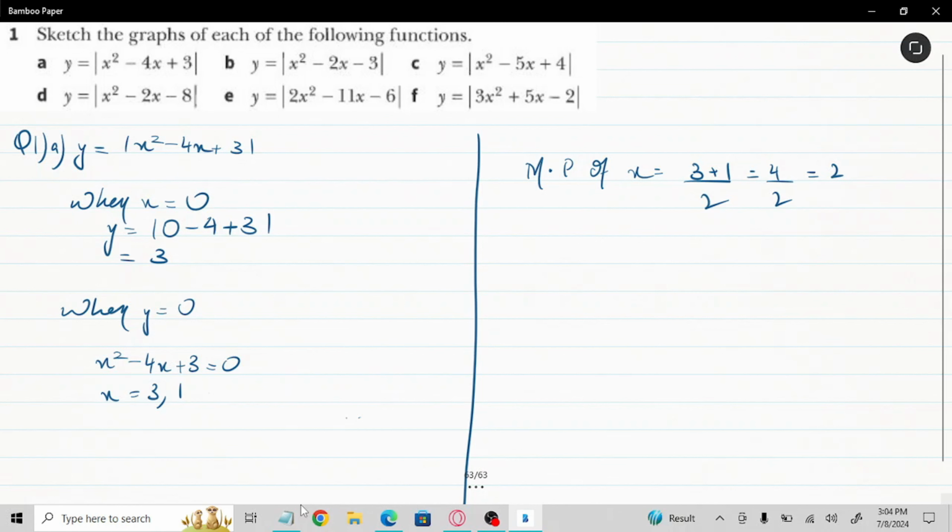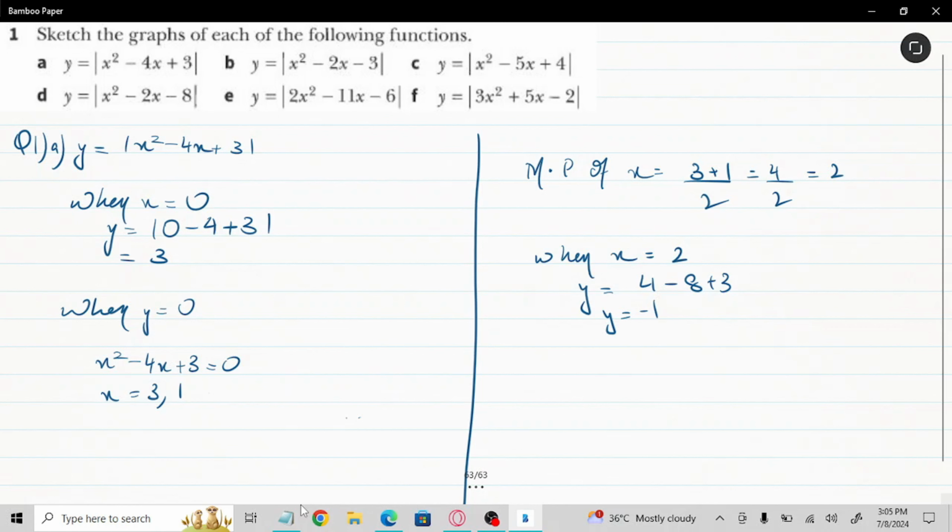Next, when x is equal to 2, y is equal to x squared, meaning 2 squared, 4, minus 4 times 2, which is 8, plus 3. 4 minus 8 is negative 4, plus 3, so y is equal to negative 1.